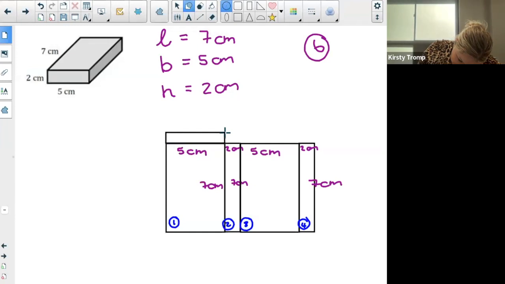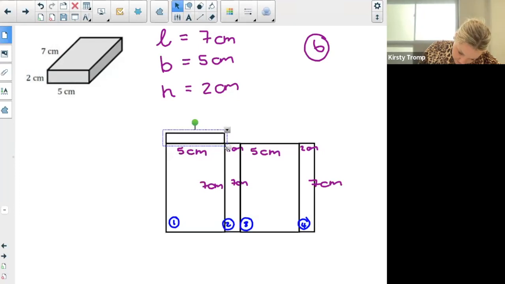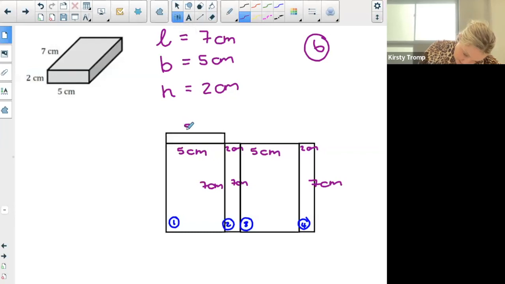So there is my top. Let me tell you here that my top is 5 centimeters by 2 centimeters.